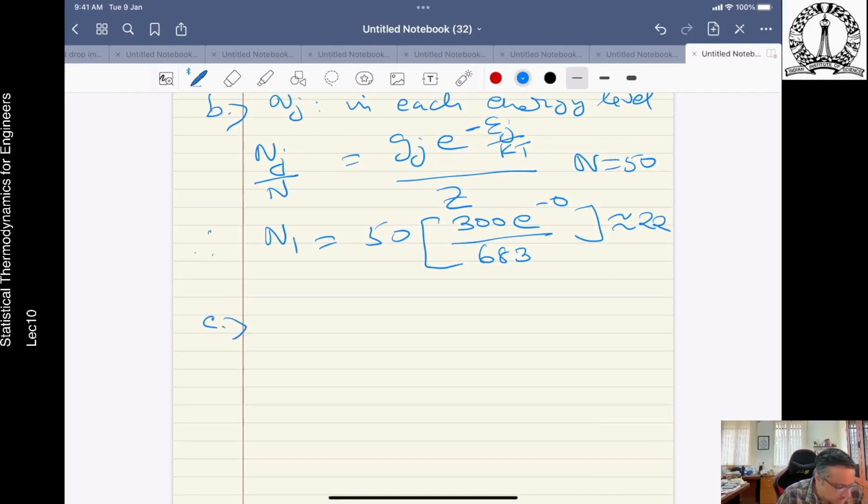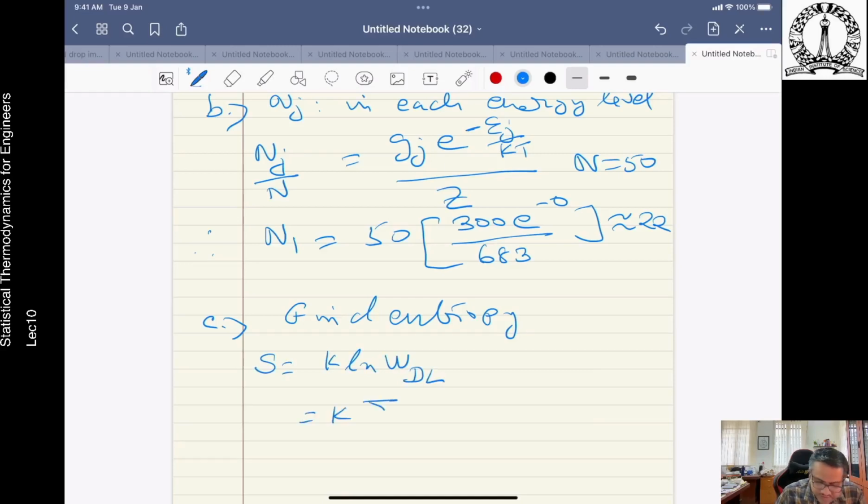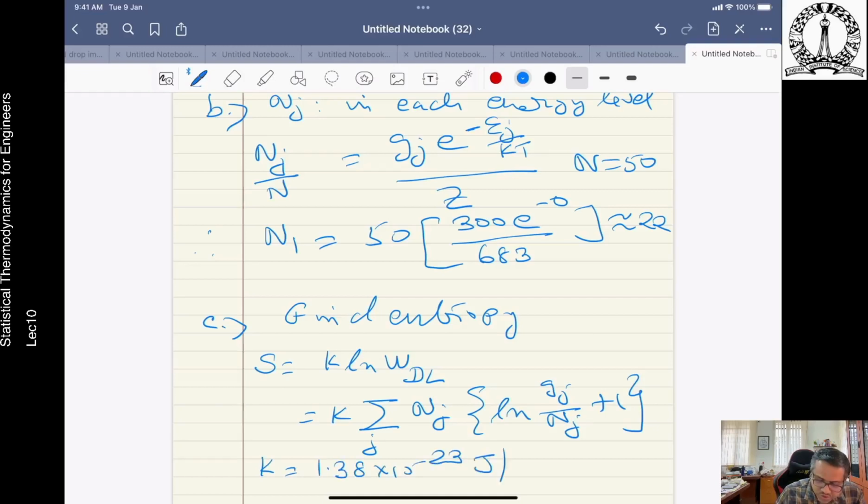The last one is to find the entropy of such a system. The entropy, as we know, is S equals k ln W. This is in the dilute limit, so this means k times the summation over j of Nj ln(Gj by Nj plus 1). Here k is 1.38 times 10 to the power of minus 23 joules per Kelvin.